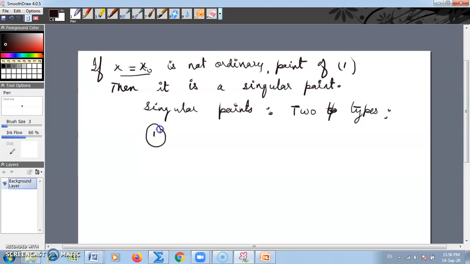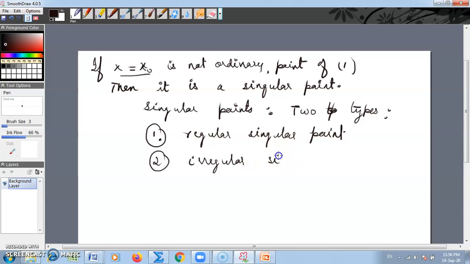Number 1, regular singular point, and number 2, irregular singular point. Now what are these regular and irregular singular points? Let us see.